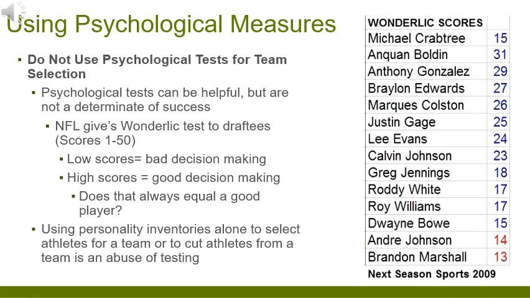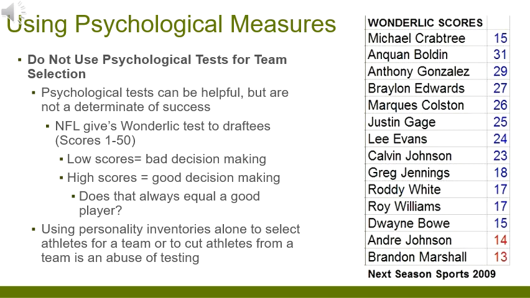These are college players, juniors and seniors who want to get drafted into the NFL. The scores range on a scale of 1 being the lowest to 50 being the highest. So it's expected that low scores equal bad decision making and high scores equal good decision making. That's fine, but that doesn't always equal a good player.